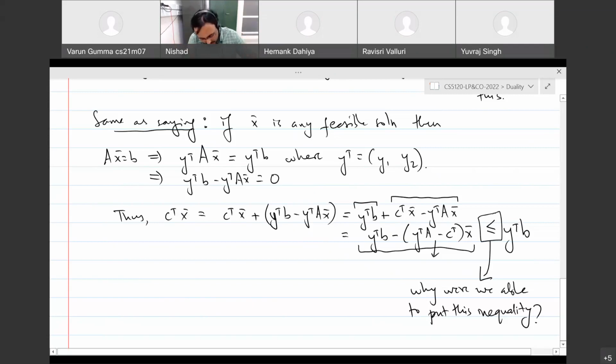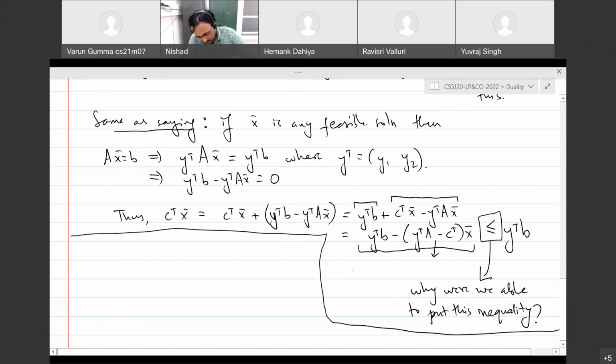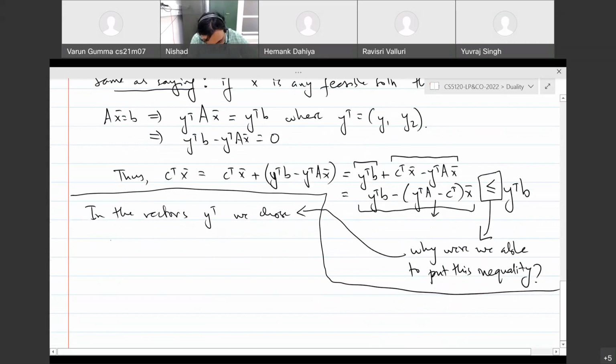So notice that in the vectors y transpose we chose, y transpose A minus c transpose was always a non-negative vector.